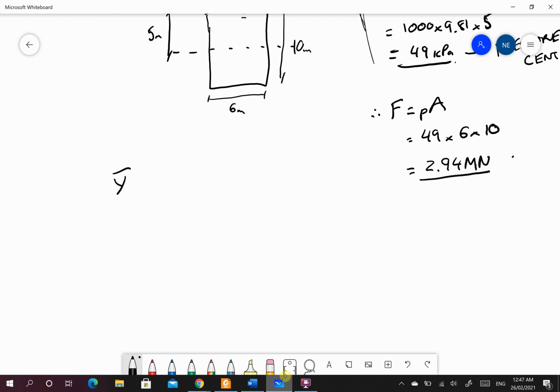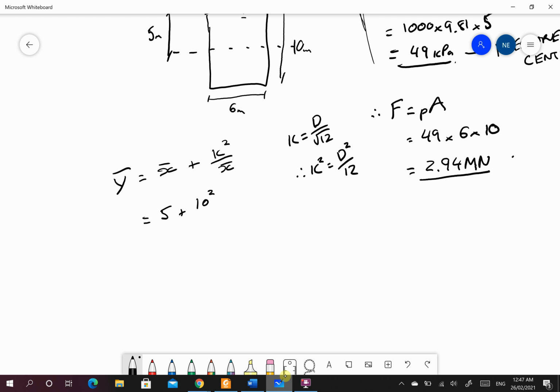So I know X bar equals 5, so Y bar equals X bar plus K squared on X bar, which equals 5 plus K squared. K for a rectangle is the depth divided by square root 12, so K squared equals D squared on 12.